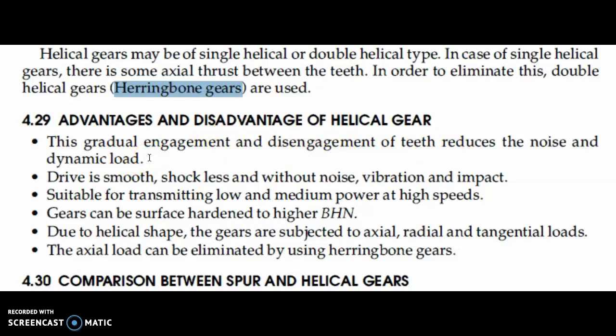In a spur gear, sudden engagement happens, so there will be noise. But in the helical gear, the noise is very low. So we can use it for more applications than the spur gear, because the noise is very low.